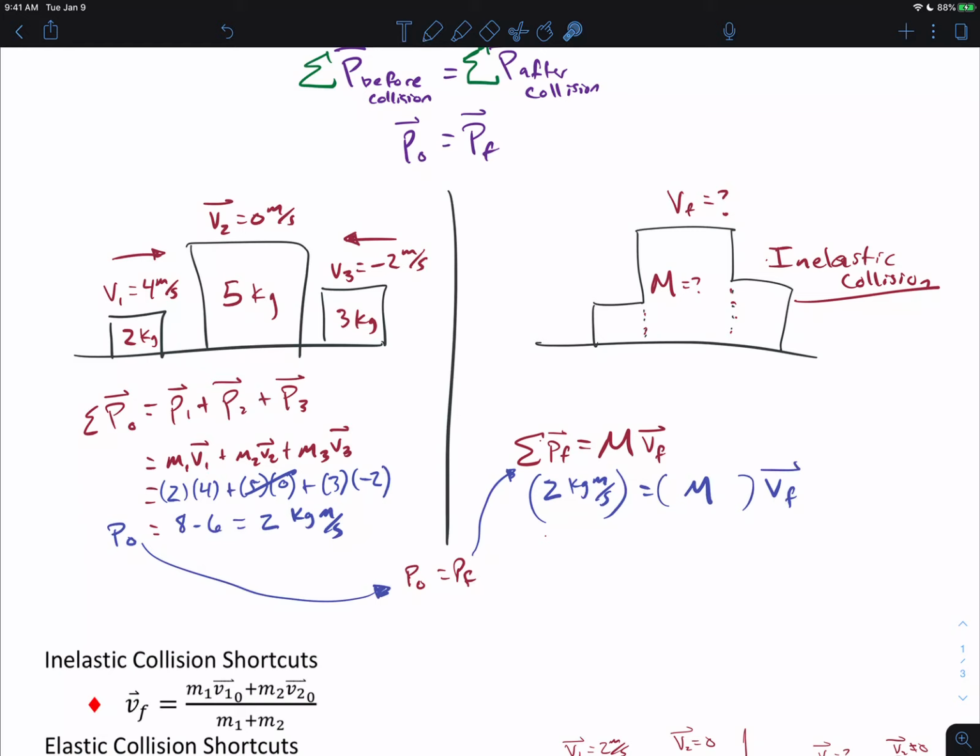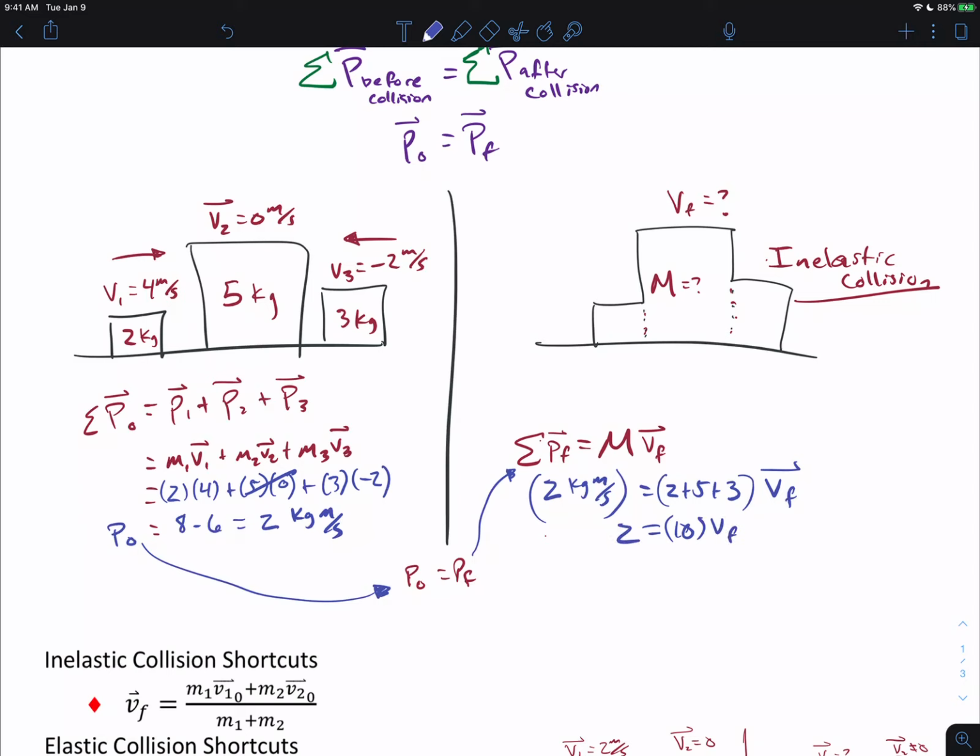Well, this right here is just all three of my objects put together, so we could find this out pretty easily, right? We would just have to do object 1 plus object 2 plus object 3. These are the masses, 2 kilograms, 5 kilograms, 3 kilograms. So putting these together, we have 10 kilograms. And we can multiply this with my final velocity.